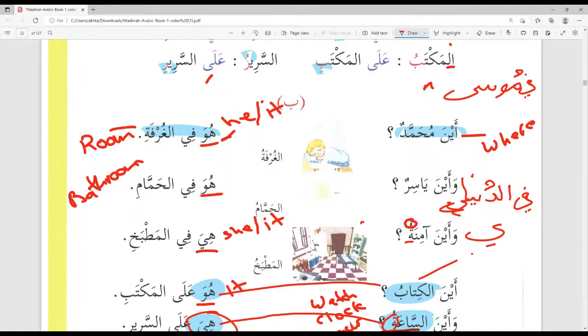Okay, so Allah says in Surah 7, لَقَدْ كَانَ فِي يُوسُفَ وَإِخْوَتِهِ آيَاتٌ لِلسَّائِلِينَ. And so your question is, why doesn't Yusuf end with a kasra, but it ends with a fatha? And we'll cover that in book 1 also. Now, it's really good that you're spotting these.